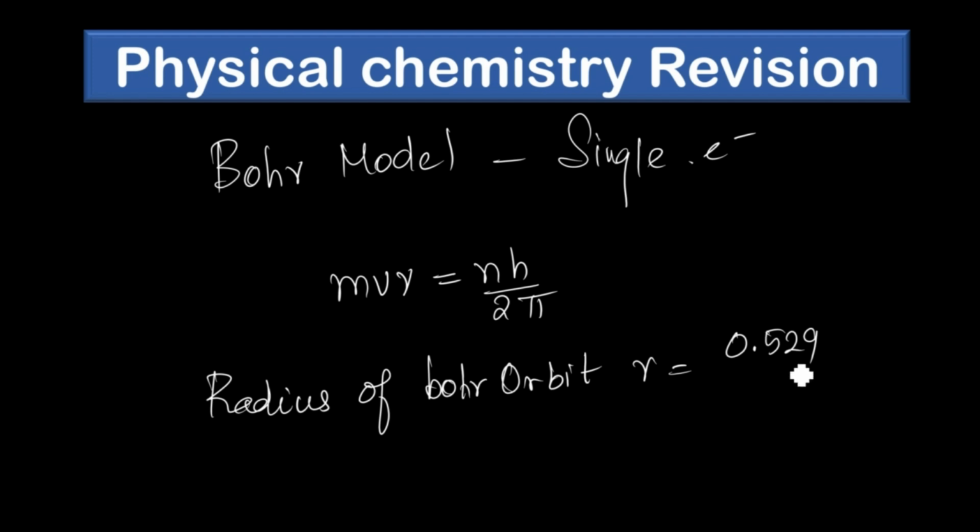Hope you have the formula sheet already; I shared it with you at the time of the crash course. Here n is the number of the corresponding orbit, Z is the atomic number, and a naught is mentioned in angstrom.